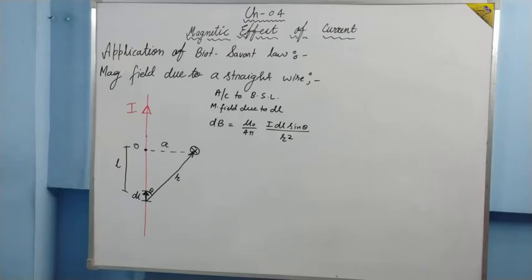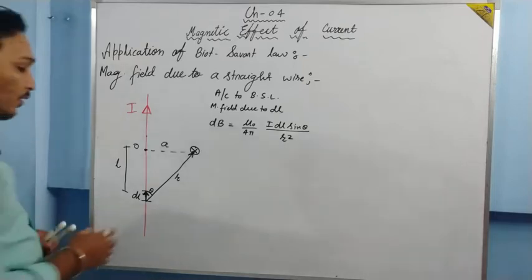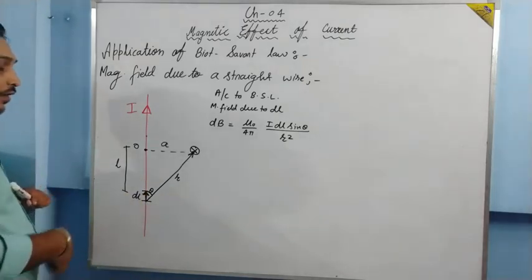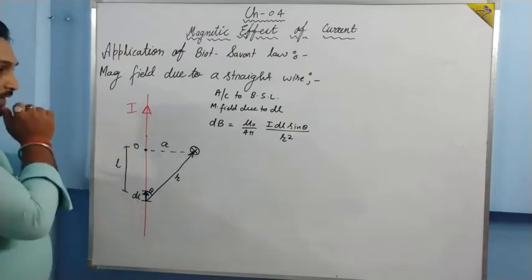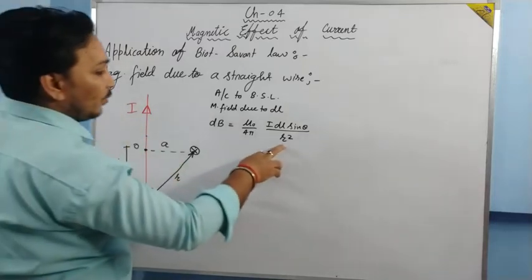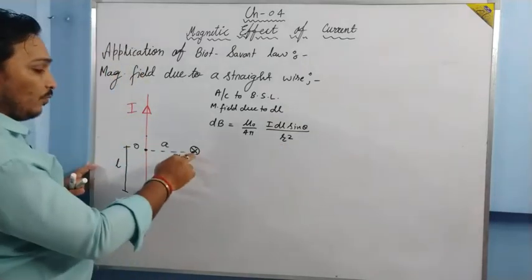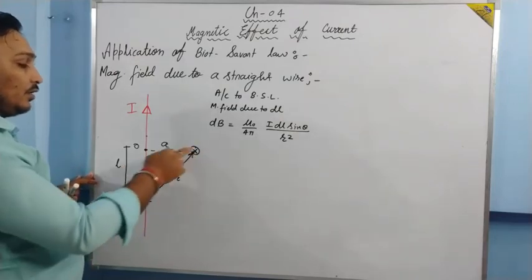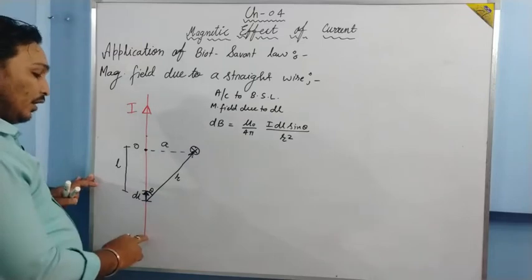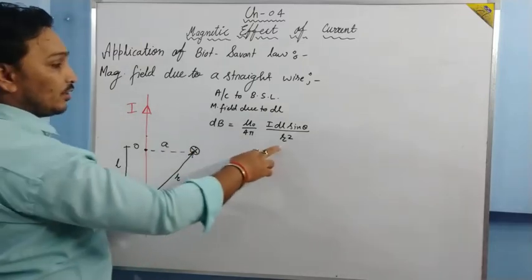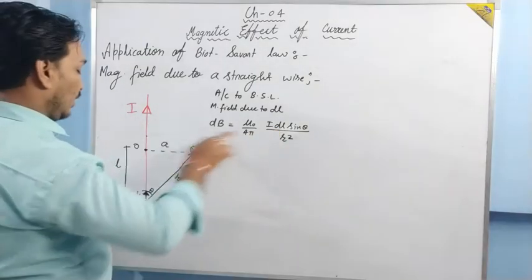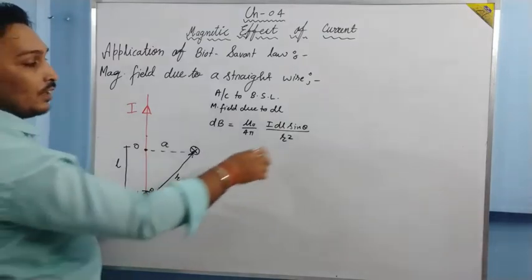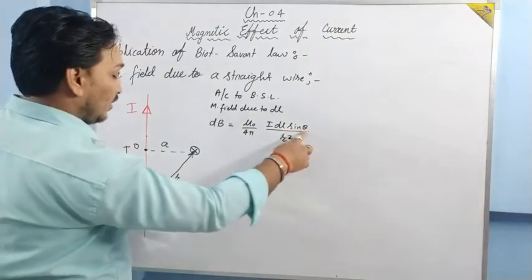But there is another problem. The problem is, with the change in position of dl, what will happen? r will change, this distance of the point from the dl. If dl is somewhere here, the distance will be this. If dl is here, the distance will be this. r will be changing. If the position of dl changes, then L also changes. If the position of dl changes, then theta also changes.